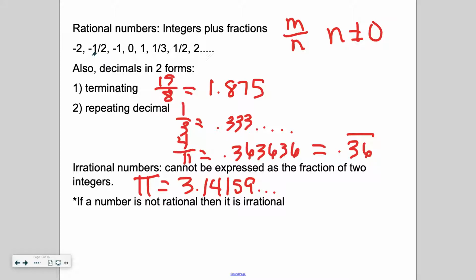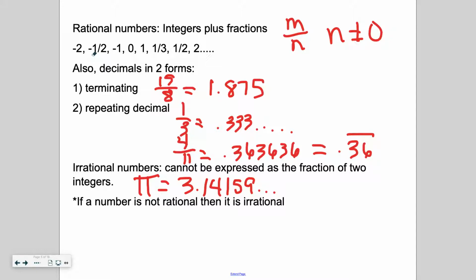The book says any number that's not rational is irrational. So if you're checking to see if a number is rational or irrational, if it does not terminate or does not have a repeating decimal, then it has to be an irrational number. Does that make sense?